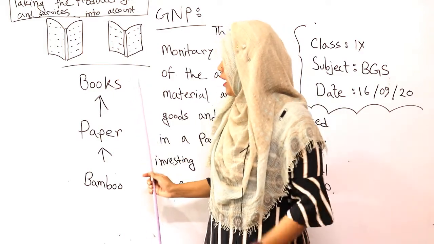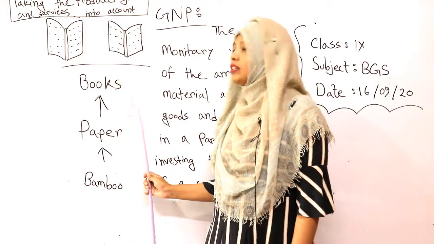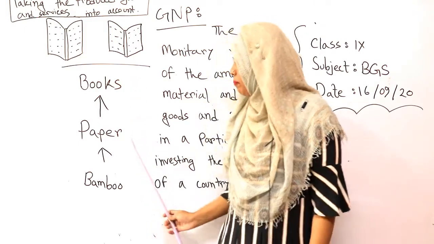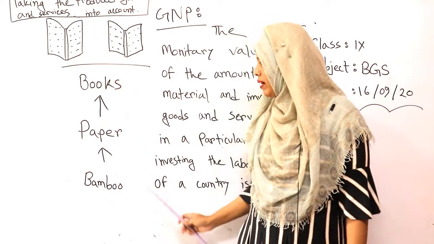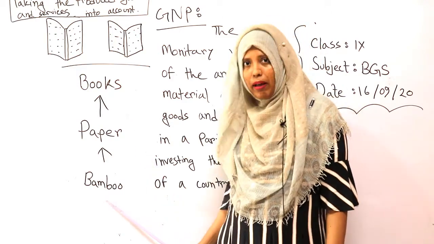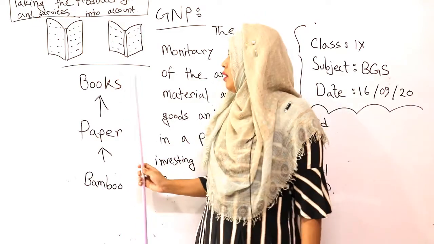All the ultimate products, that means the books, are the ultimate product. The paper and the bamboo are not our ultimate product, and the cost of paper and the cost of bamboo are not included in our GNP.